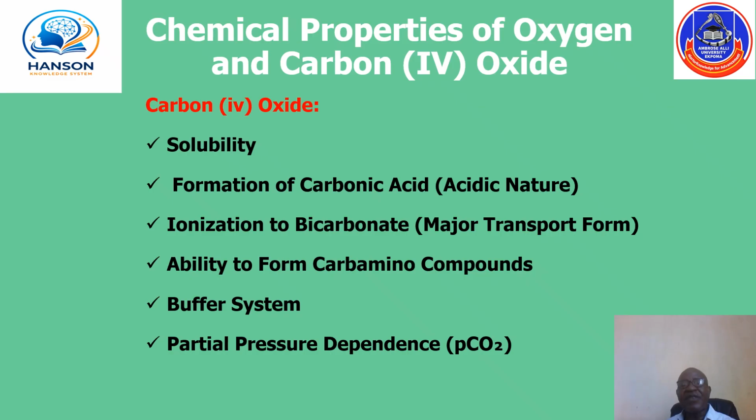If you have decreased carbon dioxide, you have increased pH, that is, it makes the blood alkaline. Increased hydrogen ion and decreased pH make the blood become acidic. So carbon dioxide could be responsible for acidosis or alkalosis.